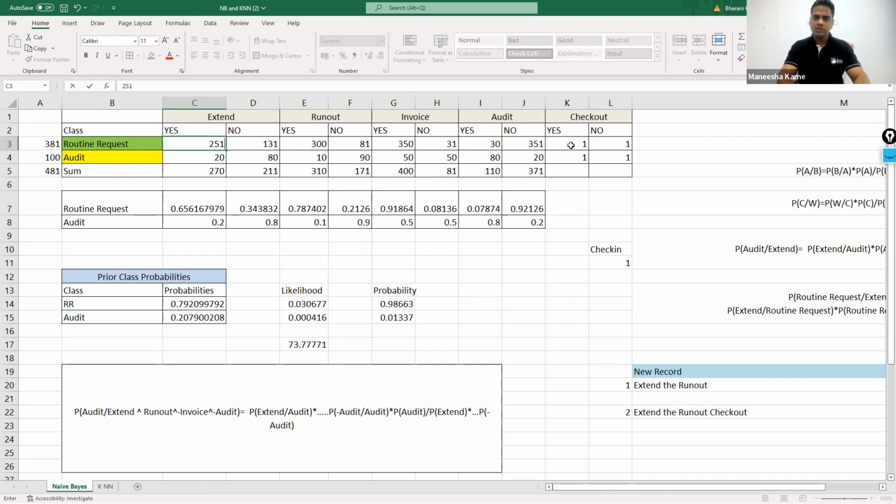Okay. So what it does is, since you're adding one to yes, here also you add one, here also you add one, and here also you add one. Since you're adding one, you add one throughout. When you add one throughout, 1, 2, 3, 4 places, you also need to increase this. This becomes 385.